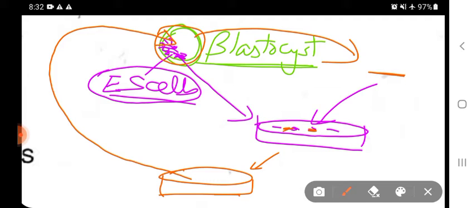Third party means the blastocyst was taken from a pregnant female animal, and that same female animal may not be used. You may use a third female animal to implant that blastocyst within her reproductive system, known as a foster mother or surrogate mother.